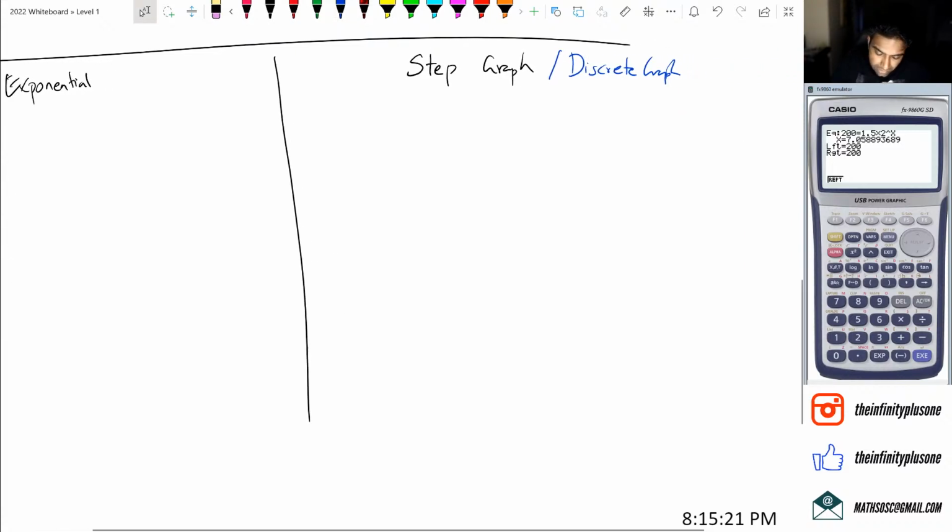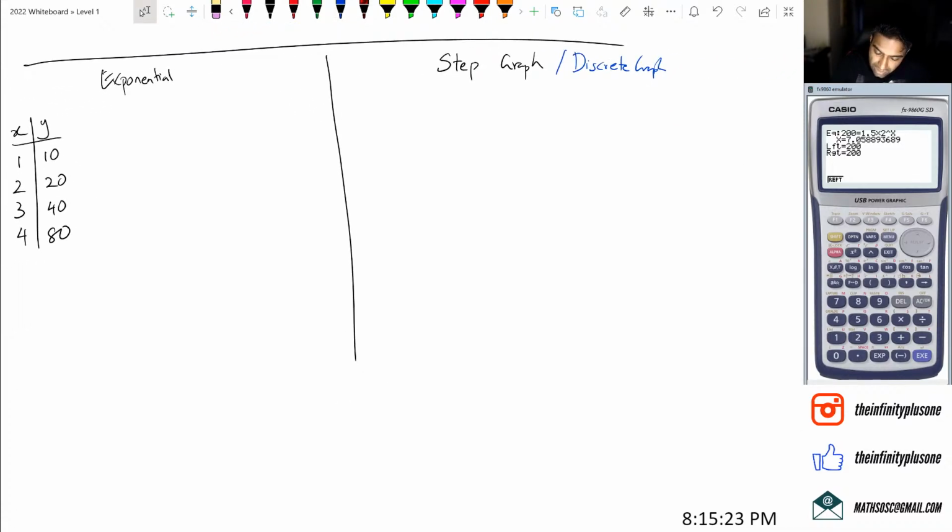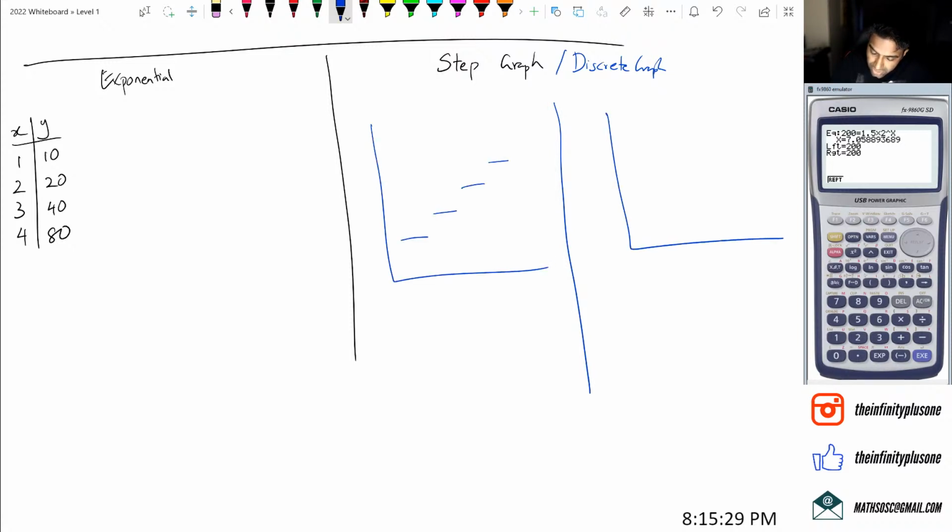What do I mean by step graph and discrete graph? With a step graph, the graph ends up looking like these kinds of things. A discrete graph just looks like a bunch of points. So at what point would you use which one?